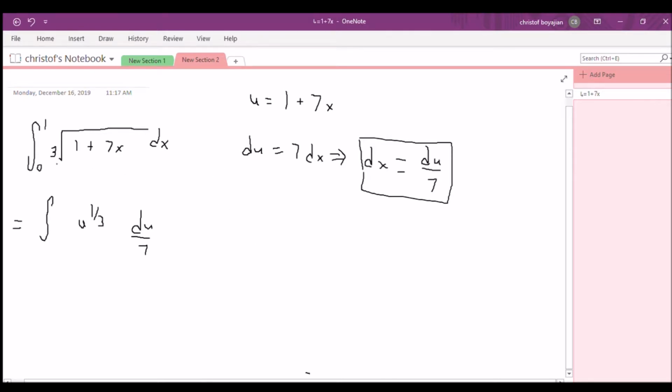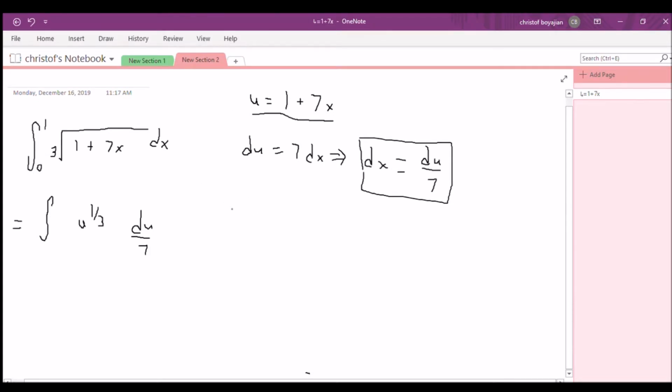Well, remember these bounds are ranging from x, right? So we need them to range from u. How can we do that? Well, we can use this equation to find where u is ranging from by substituting x with whatever our ranges are.